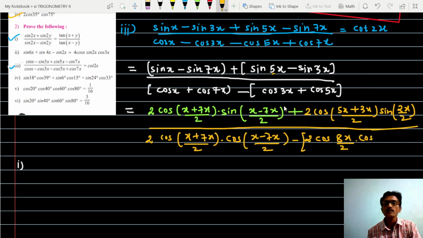So what is that? 3x minus 5x, which is 2x upon 2.